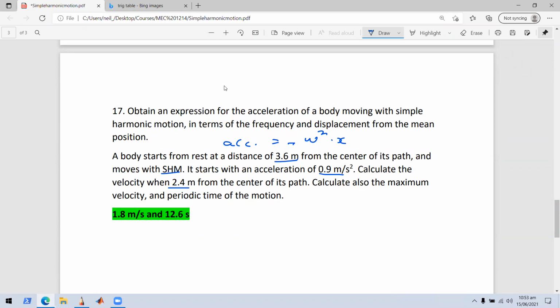Calculate also the maximum velocity, which is the velocity at the center, and the periodic time of the motion. Shouldn't be any problem. Take a few minutes and work this question out and tell me if you have any issues.